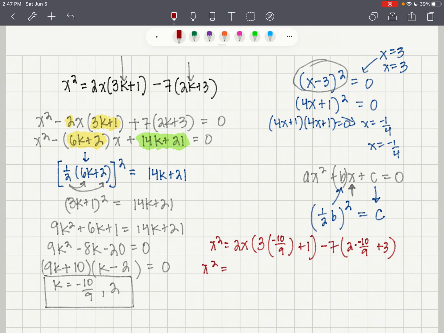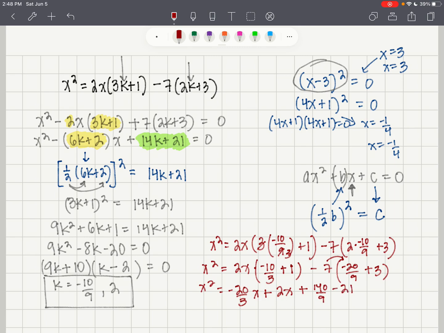And we've got x² = 2x times (-10/3 + 3 + 1), that's all in parentheses, minus 7 times (-20/9 + 3) in parentheses. x² = 2, let's distribute that, -20/3 x + 2x + 140/9 - 21.